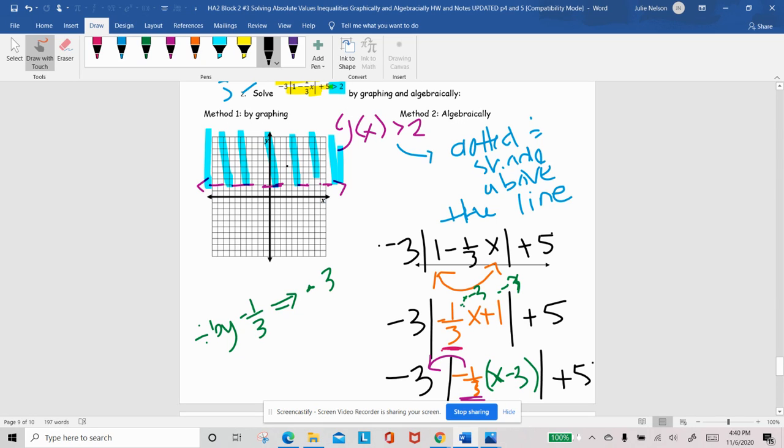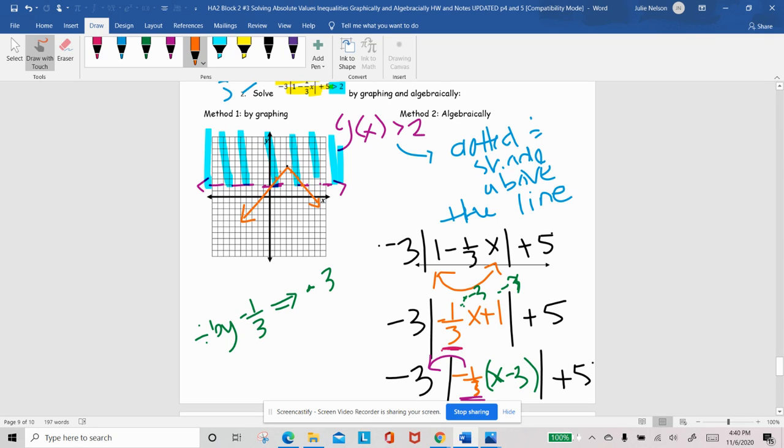And then from there, I'm going to go down 1, right and left 1. So it looks something like this.